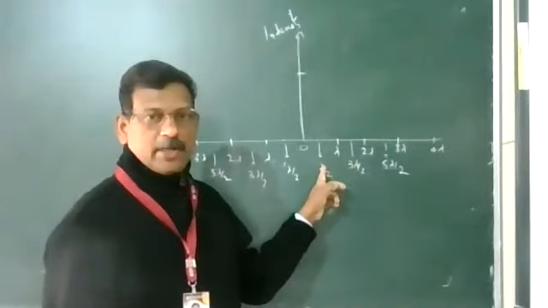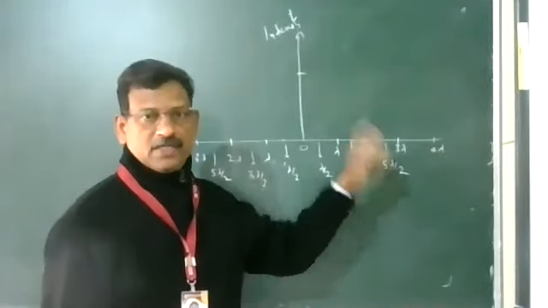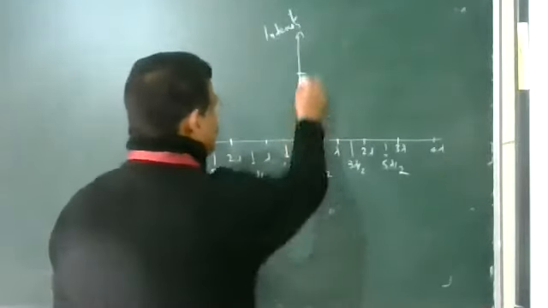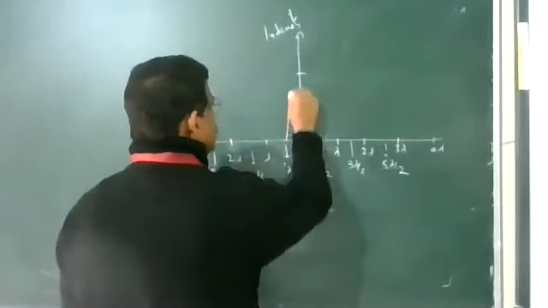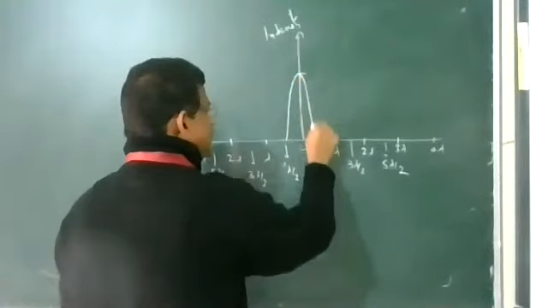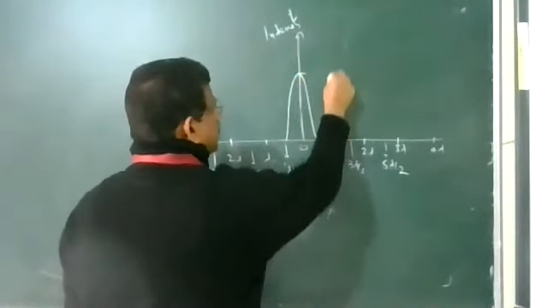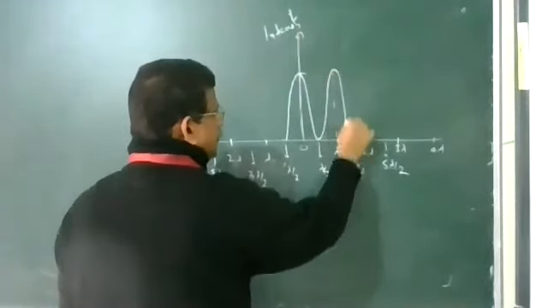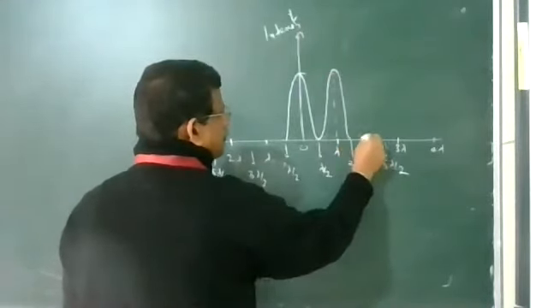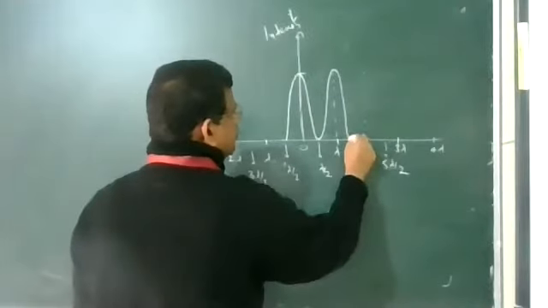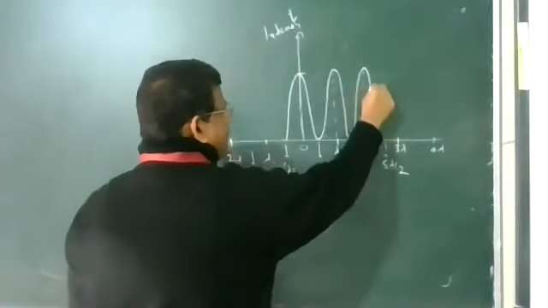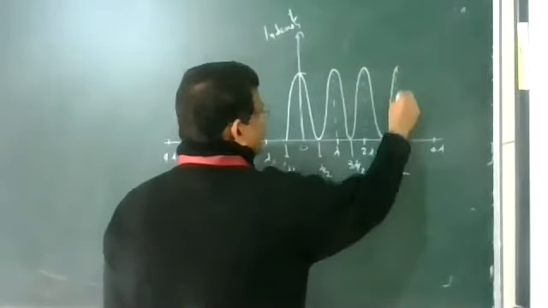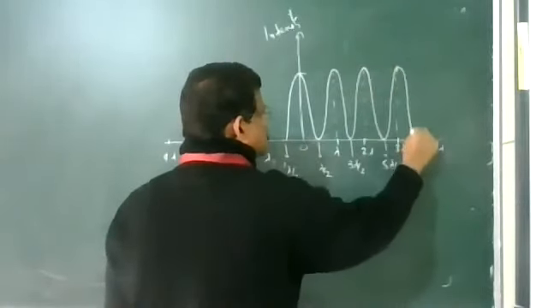In between, lambda by 2 minimum, 3 lambda by 2, 5 lambda by 2, with path difference (2n minus 1) lambda by 2. So after a maximum comes a minimum, then again a maximum at lambda, then again a minimum at 3 lambda by 2, again a maximum at 2 lambda, then again a minimum at 5 lambda by 2, again a maximum at 3 lambda. This is the way it goes.